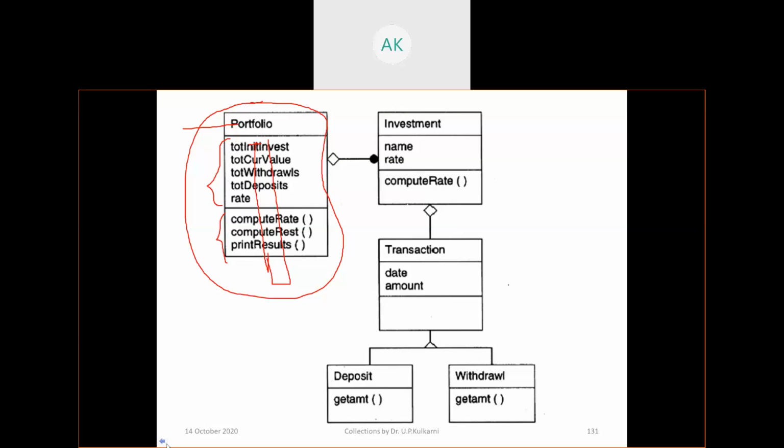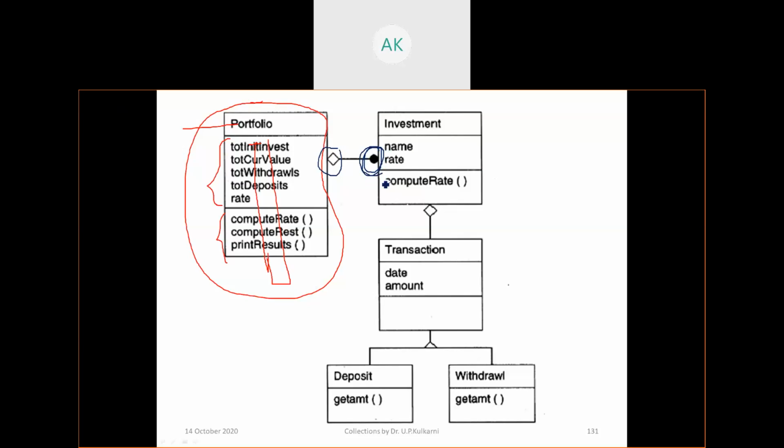Now let's try to read this particular class diagram. I told you, what is this? Ashish, what exactly does this symbol stand for? Aggregation, right? So a portfolio is made up of one or more investments in this case. One or more investments, remember, look at the screen.